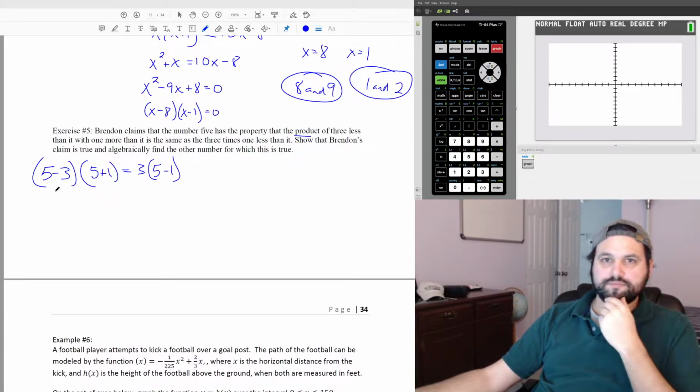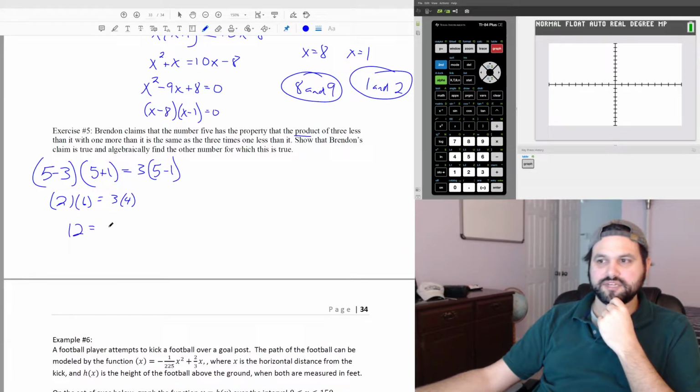Well, I'm just going to figure this out. What's 5 minus 3? What's 5 plus 1? It's 5 minus 1. Is this a true statement? 2 times 6 is 12. 3 times 4 is 12. Yes, it is. True. Okay, we have shown that his claim is true.